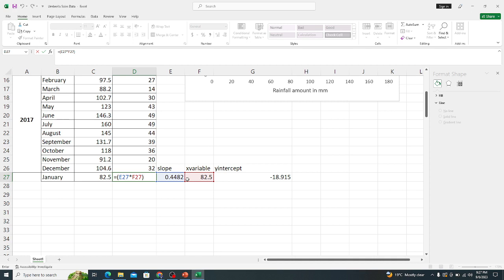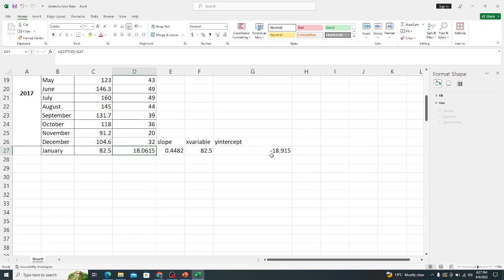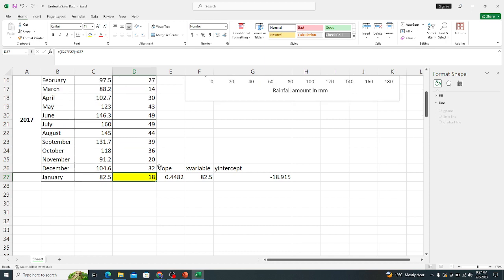Then we will now add our negative value. Basically it's negative, so plus minus, it's minus, so it will come to this. Since it's umbrellas, we can report that as a whole number. So we are getting 18 umbrella sales.